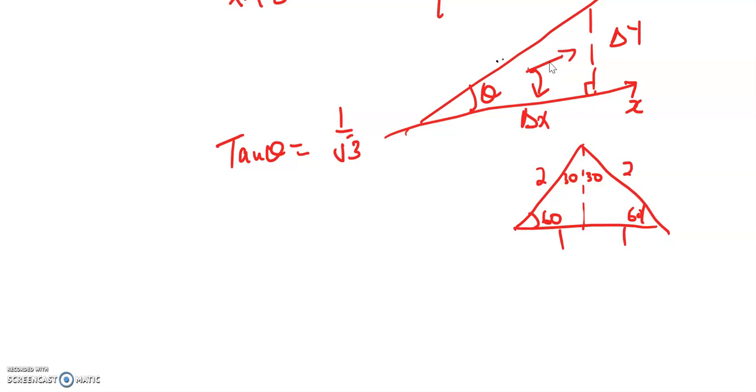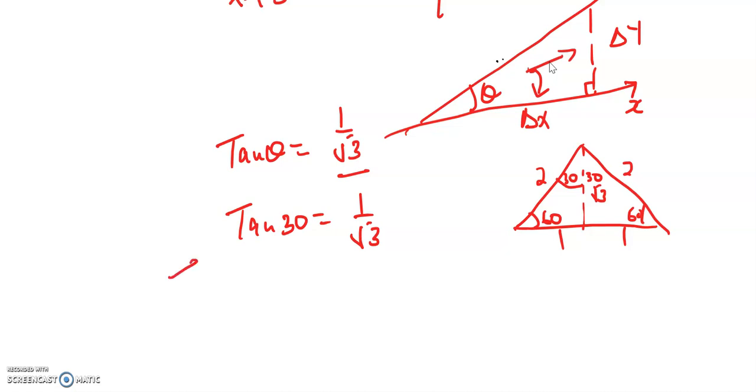So 2 squared minus 1 squared is equal to root 3. So the height is root 3. So how do we get this? If you use 60, opposite over adjacent will be root 3 over 1. But if you use 30, opposite is 1, adjacent is root 3. So in other words, you can just say tan 30 is equal to 1 over root 3. You see, and that is the answer.